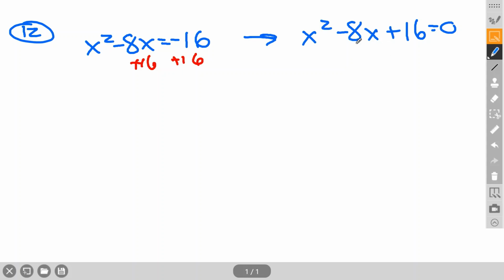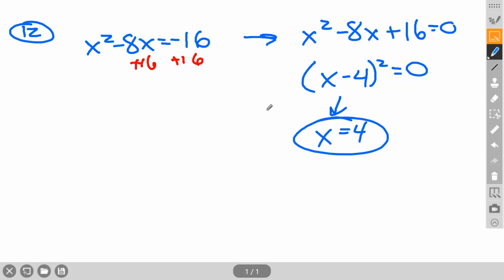If you take half of negative 8, you get negative 4, and negative 4 times negative 4 is 16. So you should know that this factors into x minus 4 squared, which means this only has one solution that goes along with the one factor, which is 4. So 4 is our solution.